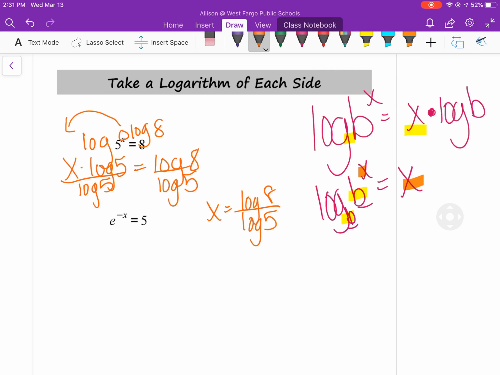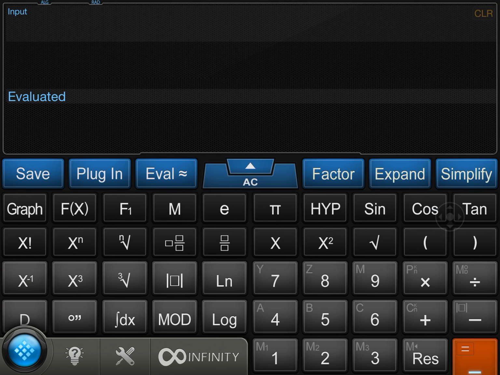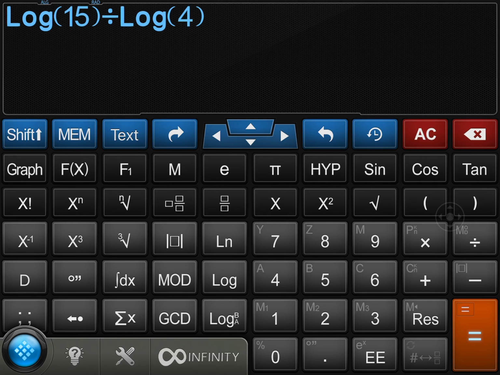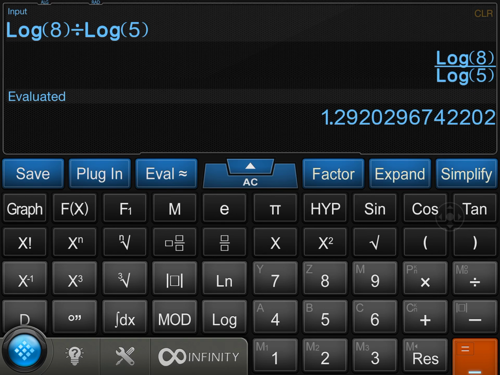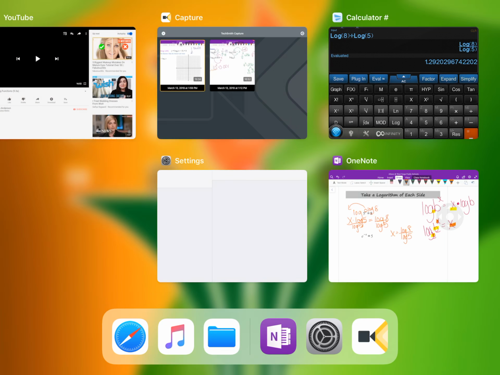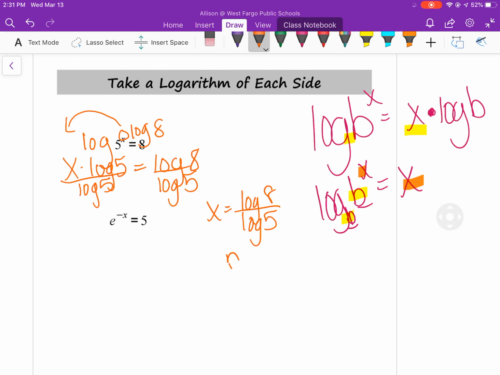And then you can use a calculator. Log of 8 divided by log of 5 equals approximately 1.29. So approximately 1.29.